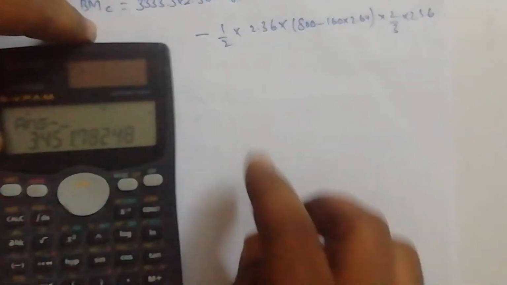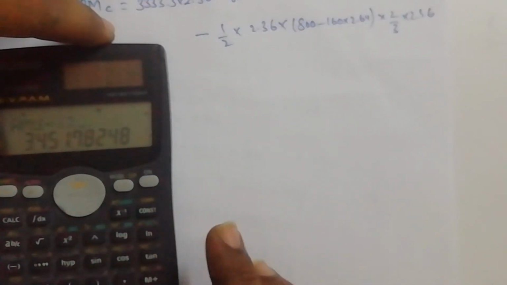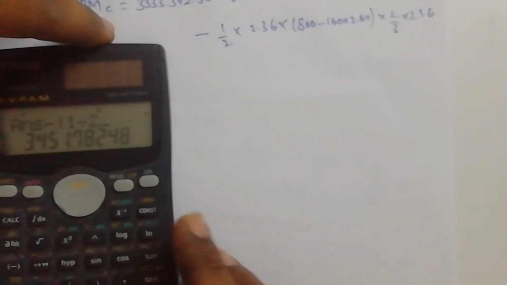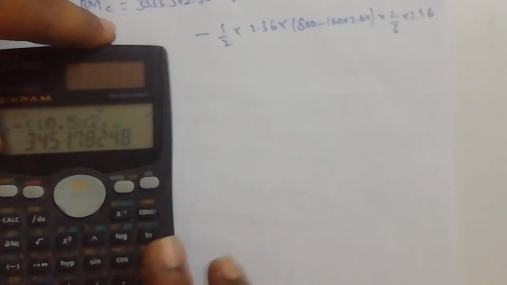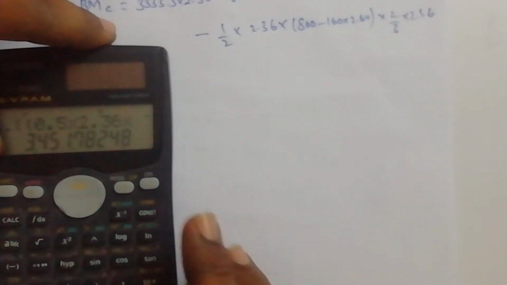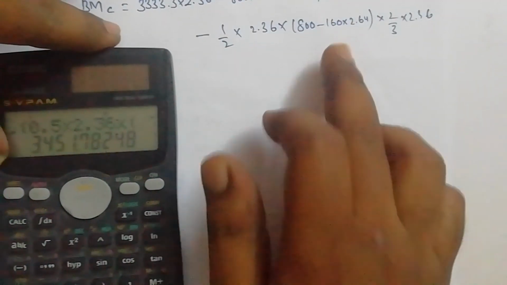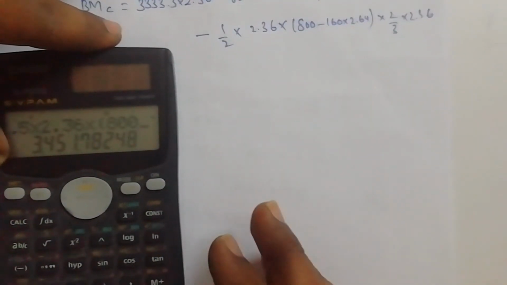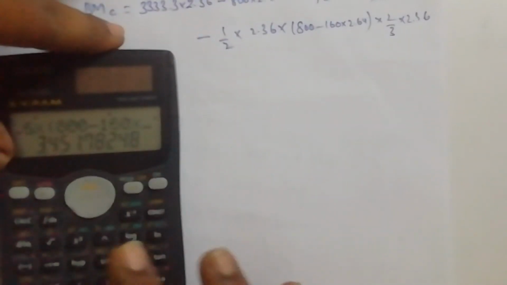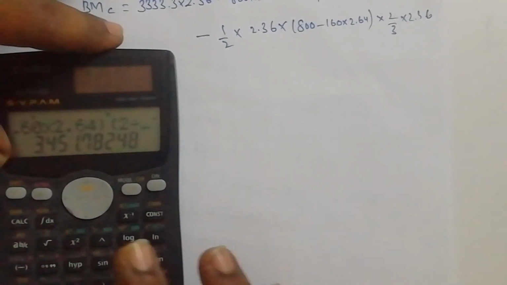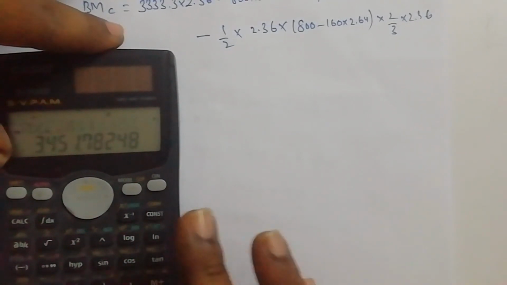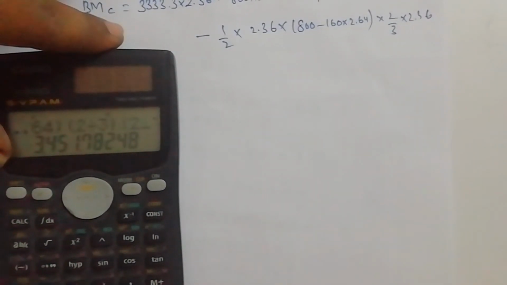Next, minus 1 divided by 2, so I will try directly 0.5 into 2.36 into, first I will write this bracket value, that is 800 minus 160 into 2.64, into 2/3 of 2.36.